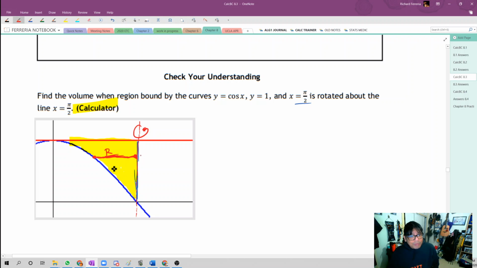So it's going to be a difference of x coordinates. We need to know the x coordinate here and then the x coordinate there. The x coordinate here is x equals pi over 2. But for the x coordinate there, I only have y equals cosine x. So I know the y coordinate, but I don't know the x coordinate. To go the other way around, we take the inverse cosine of both sides.